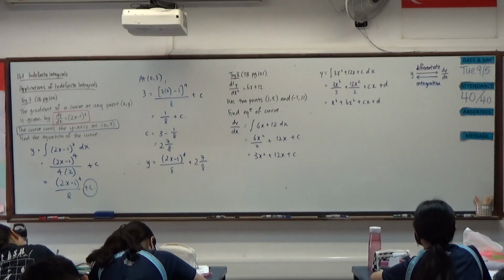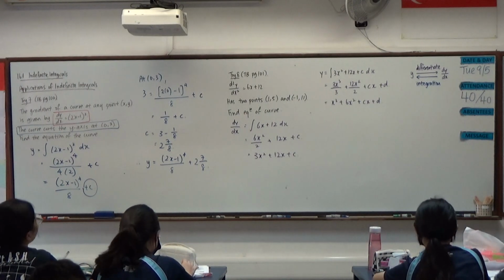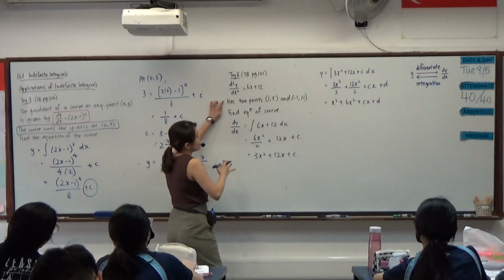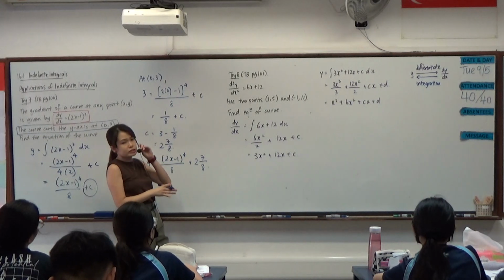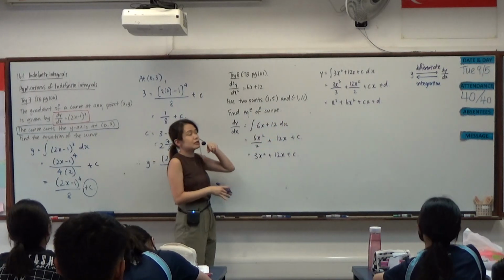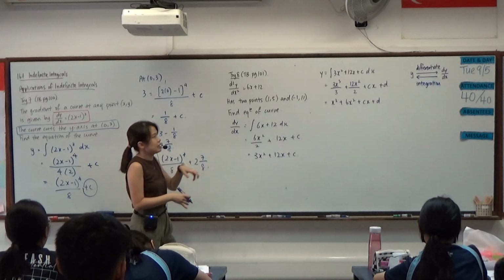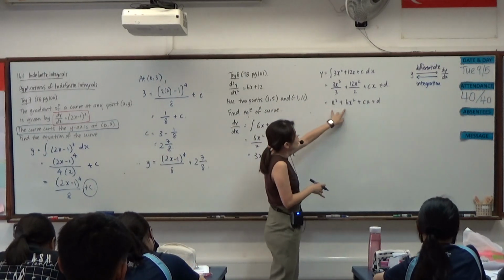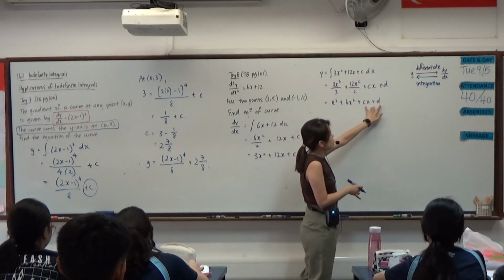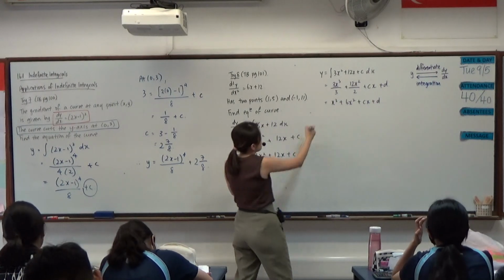But this is not the exact equation for this particular context. The question says that there are 2 points on the curve. One is (1, 5), the other one is (negative 1, 11). So we need to make use of that information by substituting it accordingly into this equation over here, so that we can find out the value of c and the value of d.